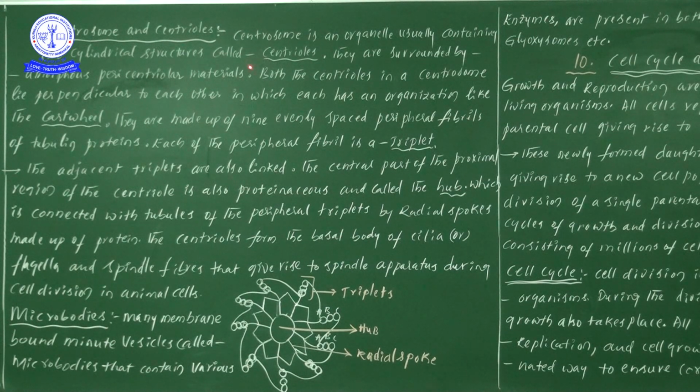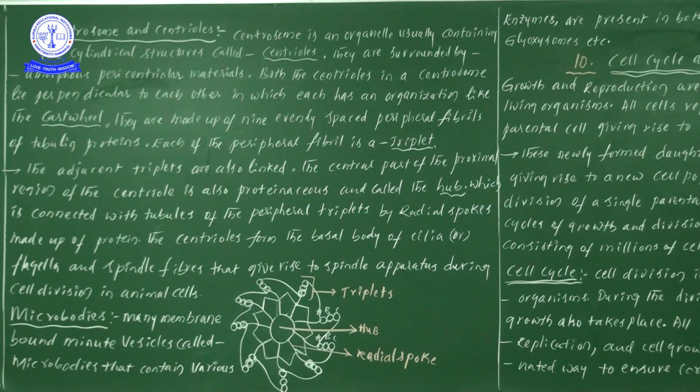Now, a centrosome is an organelle usually containing two cylindrical structures called centrioles.